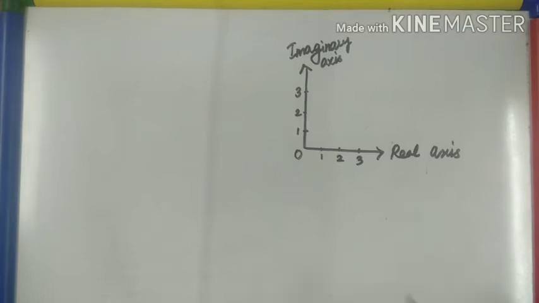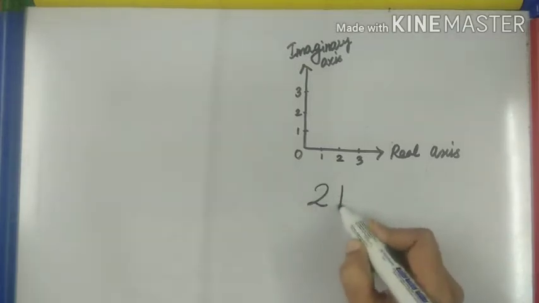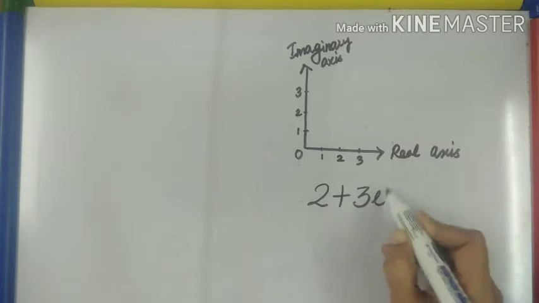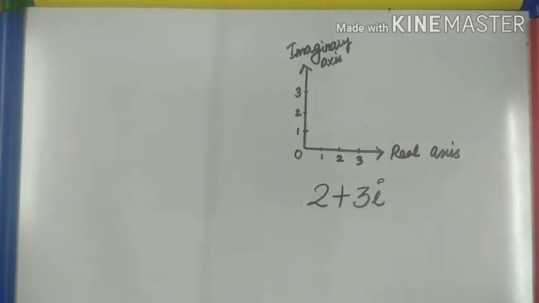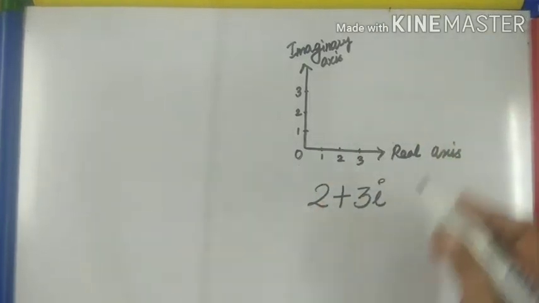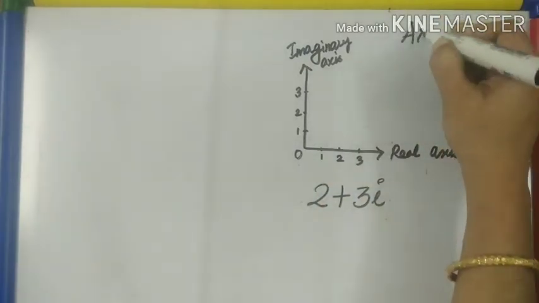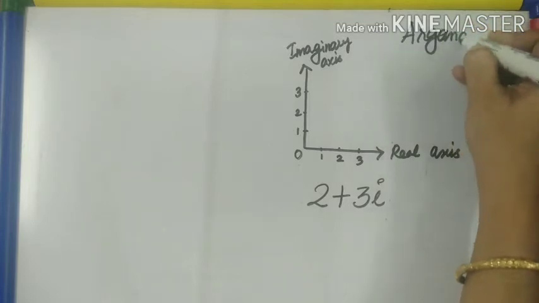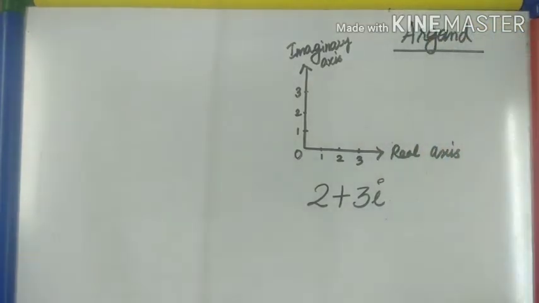Complex number, when I say 2 plus 3i, what do I mean? Can I represent it in a diagram? So 2 plus 3i can be represented in a diagram called Argand Diagram, which is somewhat similar to our graph sheet.